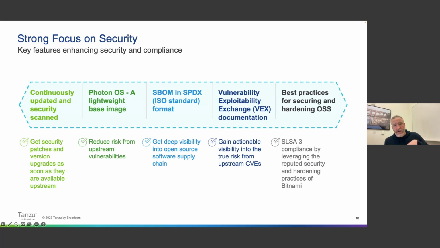if you're using our Photon OS, another reason to use that is it gives you VEX documentation. So what that does is basically, anything that remains in the image that would trigger a security scanner as a CVE, there's a corresponding explanation of what's going on there.